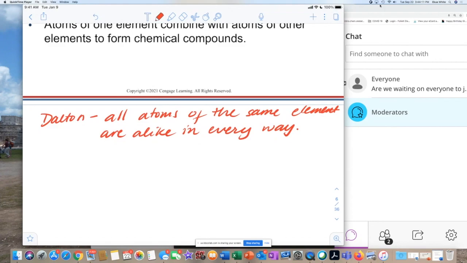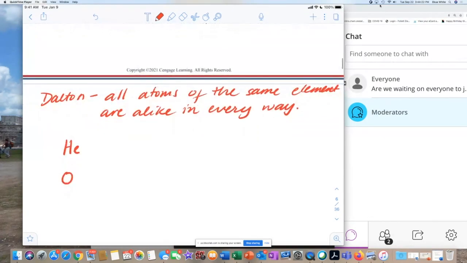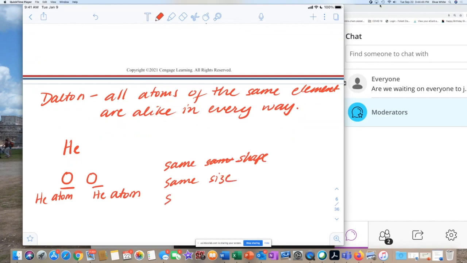What he's trying to say is, if you were to look at the atoms of, say, helium, let's say the red circle represents helium. If you see another helium atom, and you try to compare these two, they will have the same shape, same size, same color, same weight.